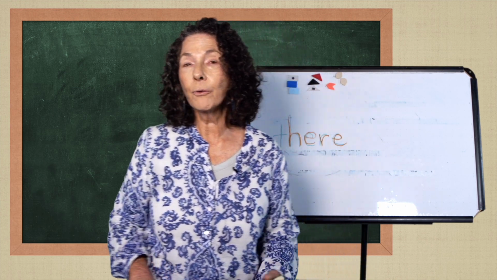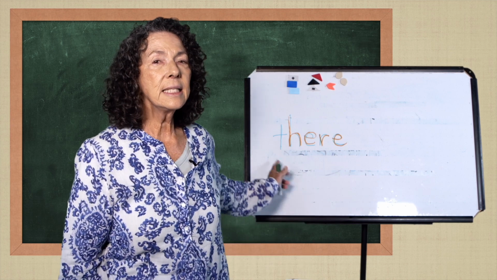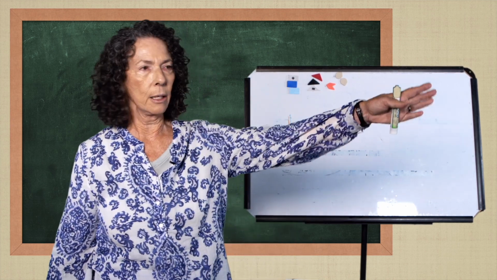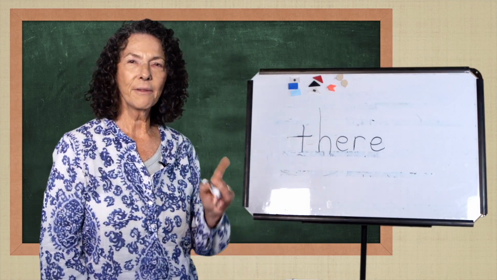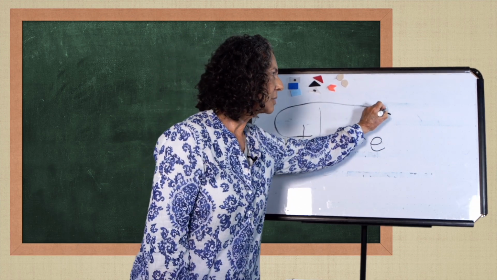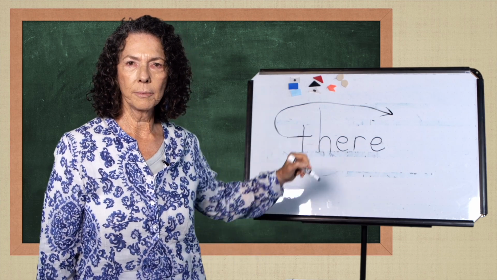So I have one right here in front of me. Here's the word T-H-E-R-E, right there. There she is. This word is 5 letters and it's direction. There.